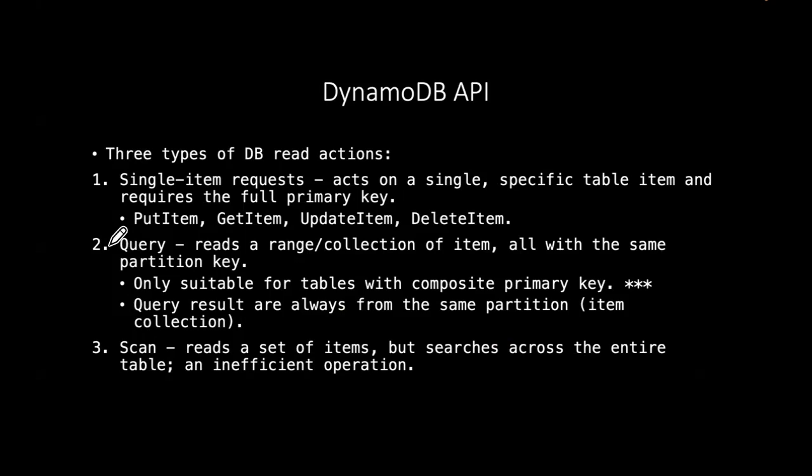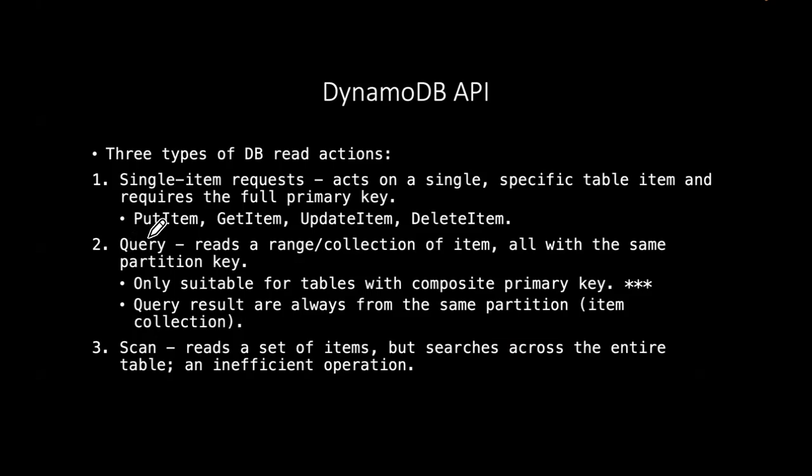Now, here's the unusual part, I think, which is you can only run queries against a table that has a composite primary key. That's number one. By implication, you cannot run a query against a table that has a simple primary key.